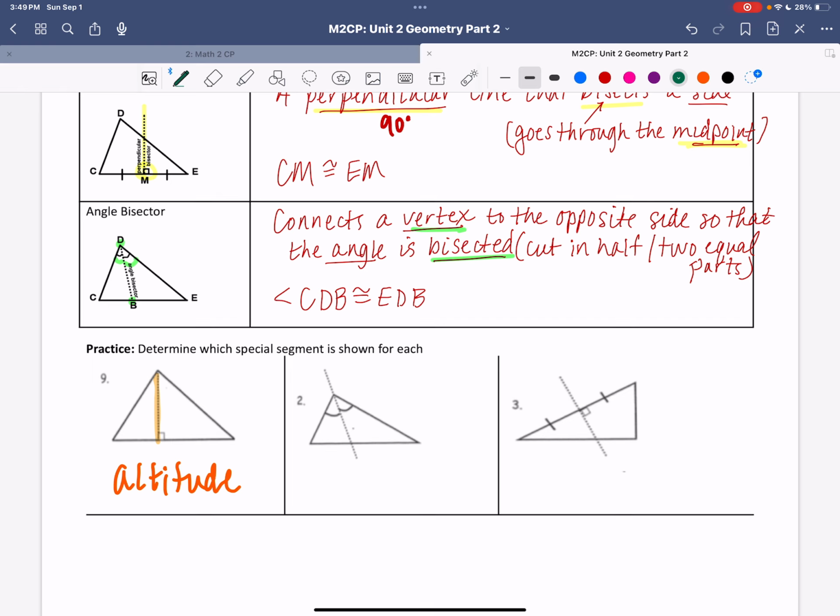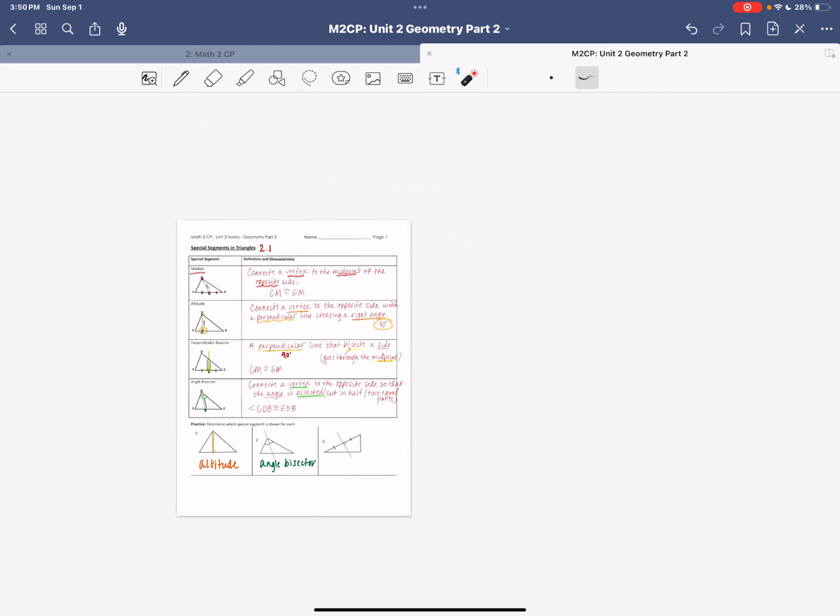So this would be angle bisector. Okay. Now I want you to try this last one on this page. So again, it's not a vertex, but we do have this here, and we've got the here and here. So if you're listening, this should be a perpendicular bisector if you did this correctly.